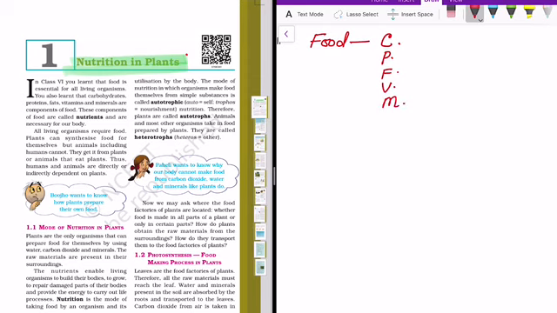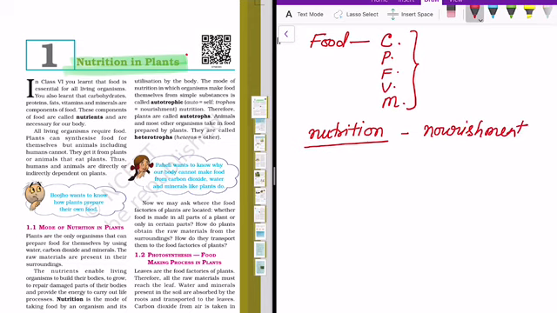These are the 5 main components of food which provide us nutrition or nourishment. So, the substances that provide us nourishment help us to grow.